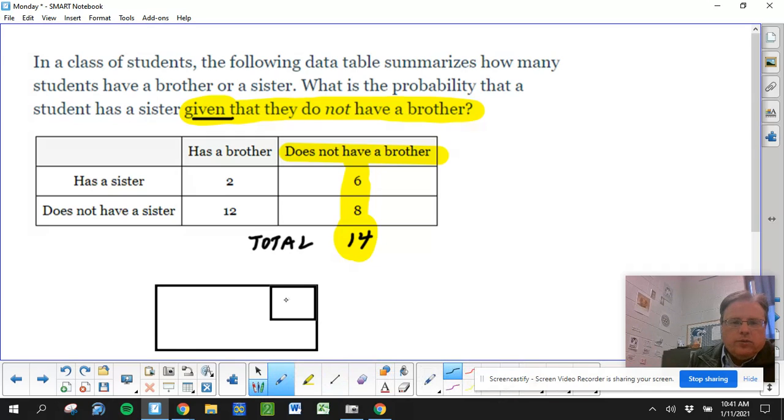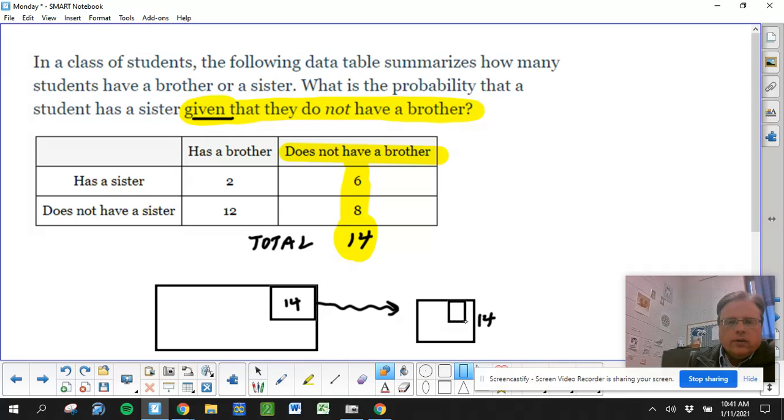Of these 14 people, what part is the part that I need? So what I'm going to do now is zoom out. If we just look at just those 14 people, so this is a total of 14 people, then I'm asking what little part of it has a sister.